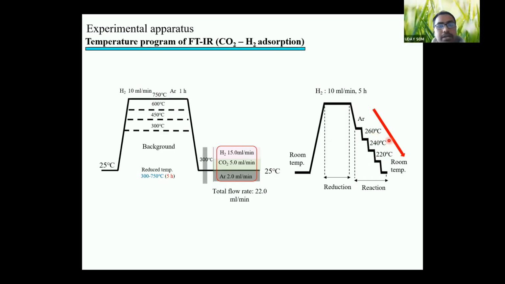In my laboratory, members have already found that 260 degrees is a good temperature for DME production. So that's why I try to maintain the temperature from 220 to 260, and after that I get the intermediate products and try to make the mechanisms.